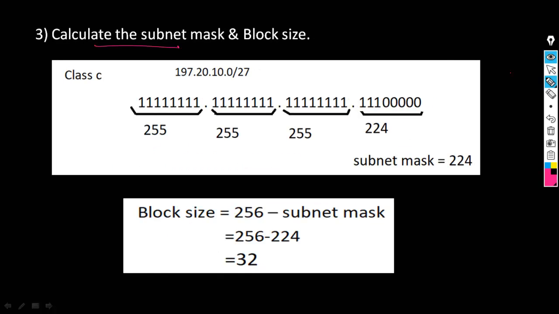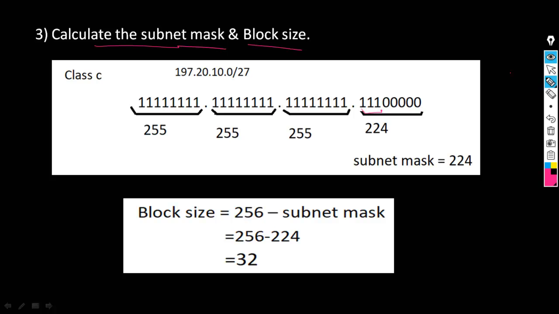Next we will calculate the subnet mask and block size. How we calculate the subnet mask is, we have converted 3 host bits into network bits for /27. Now we will convert it into decimal format.